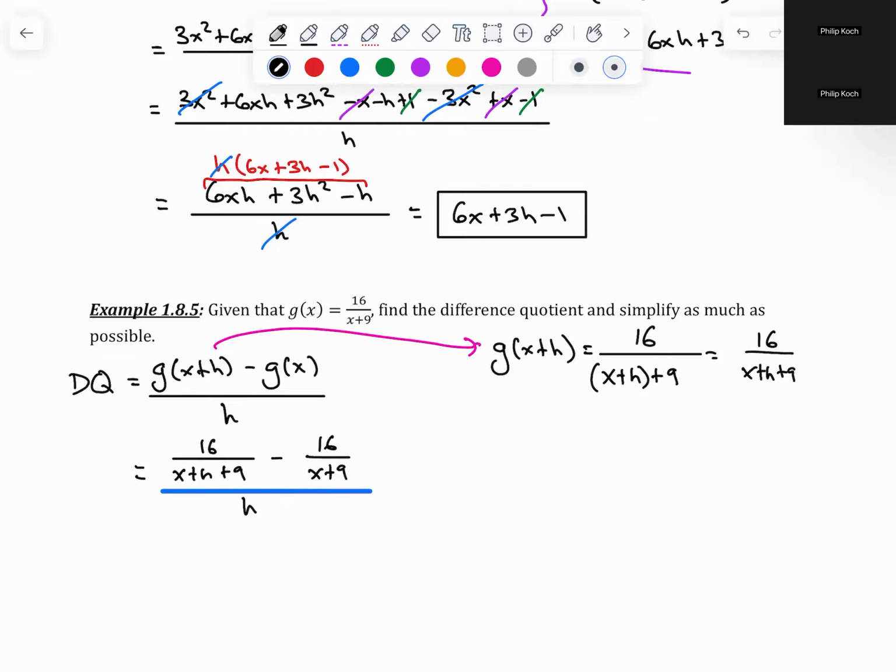So this is a complex fraction. One way to do it would be to just find a common denominator in the big numerator. That's fine to do. Or we can use our trick that we learned with complex fractions, which would be to multiply across this main bar by the LCD, which in this case would be only x plus h plus 9 times x plus 9.